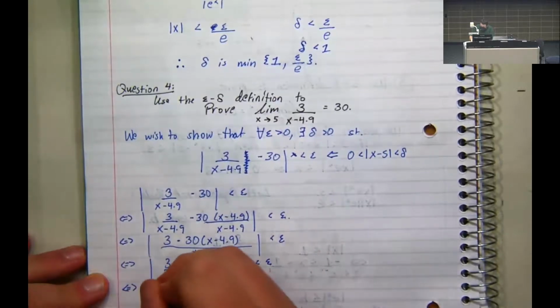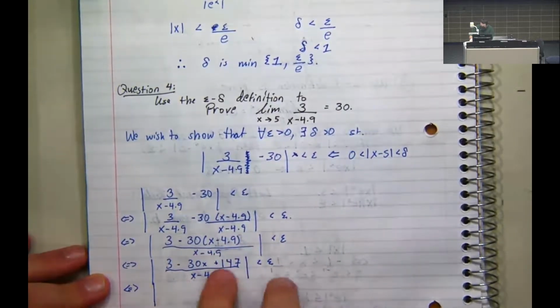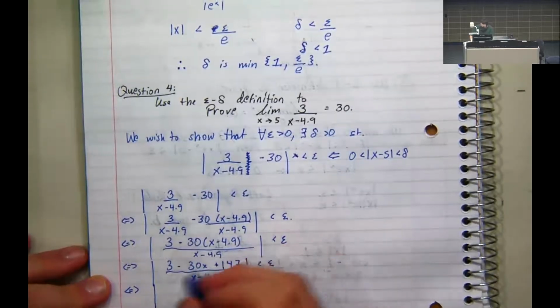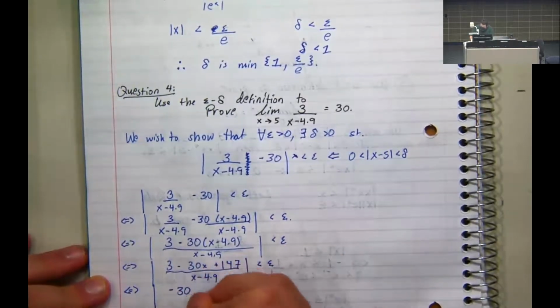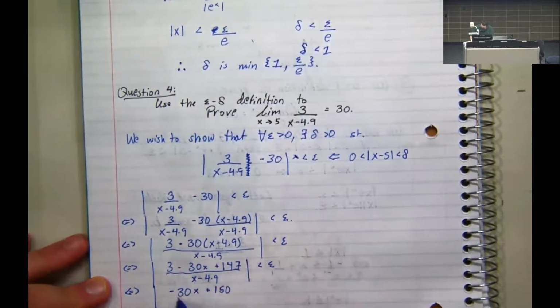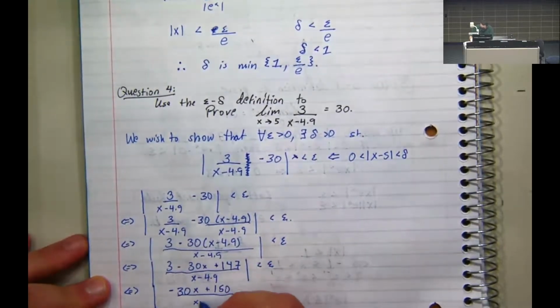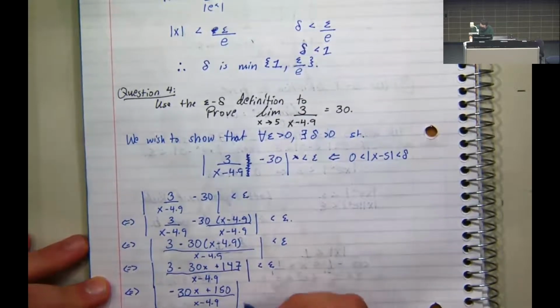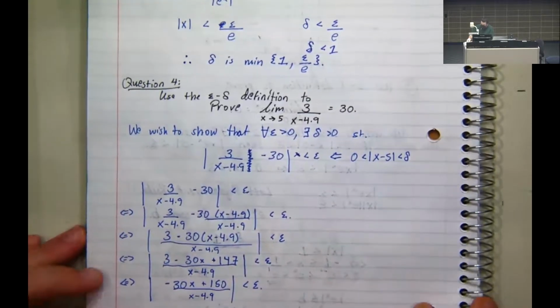Let's combine the values without x's. So that gets me negative 30x plus 150 over x minus 4.9 is less than epsilon.